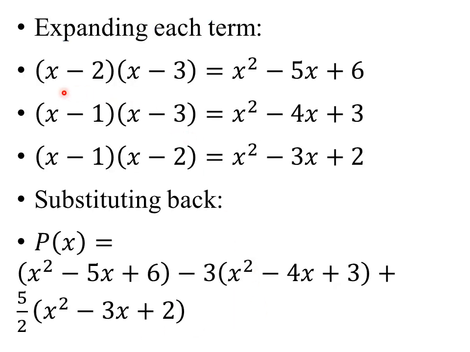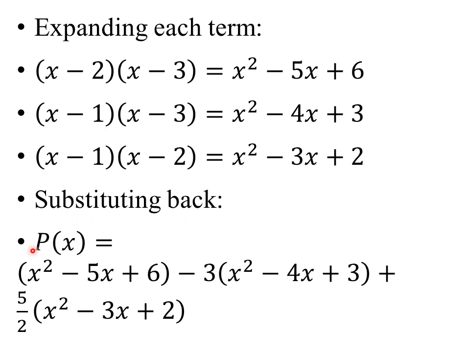First you write x multiplied by these numbers, then minus 2 multiplied by these numbers, then we simplify and get x squared minus 5x plus 6. Same process, first you write x multiplied by x minus 3, then minus 1 multiplied by this number, then we simplify and get this answer. The same process you find here.